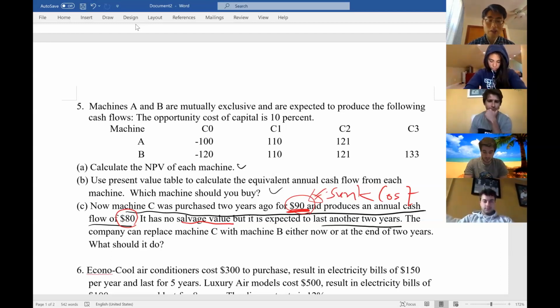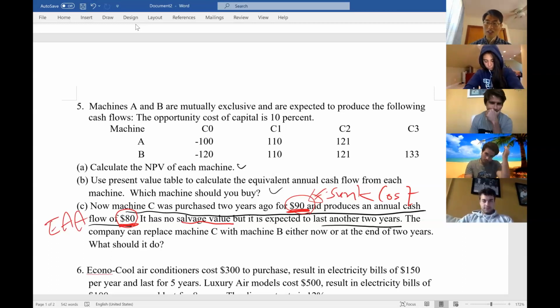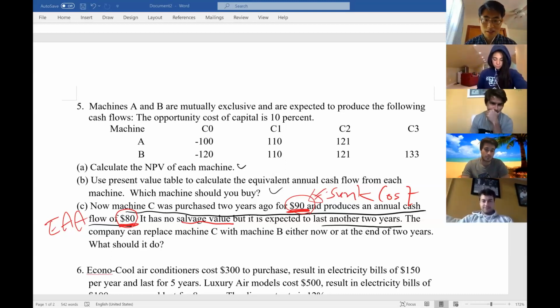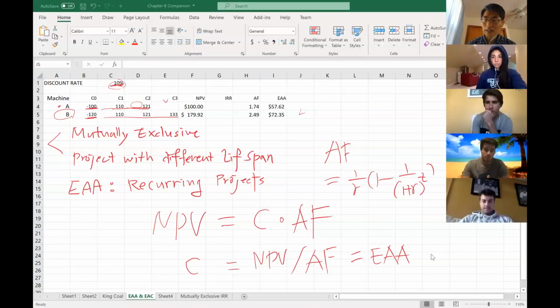But what matters to you is that this machine can generate $80 cash flow annually, right? So this is basically the EAA of the machine C. So machine C generates the cash flow of $80 for the next 2 years, right? And compared to that, when we calculated the EAA using the Excel, what was the EAA of A and B?